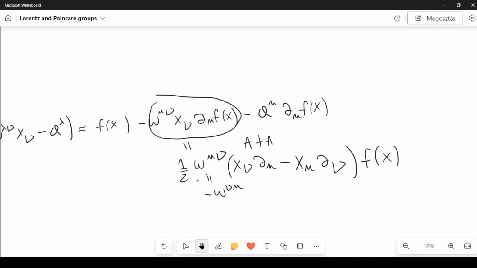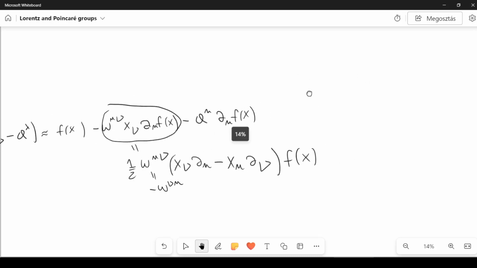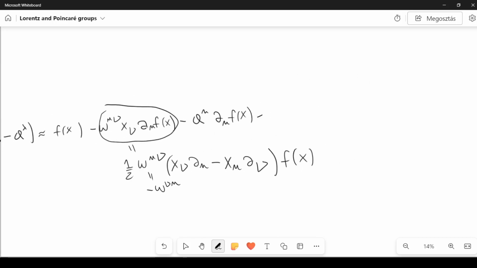I hope you follow this logic, but it's just a simple manipulation. So this is equal to this by using the anti-symmetry property of this object. You can check that they are the same. And then one more thing that I want to do is the following. So I can also rewrite this as some identity matrix.